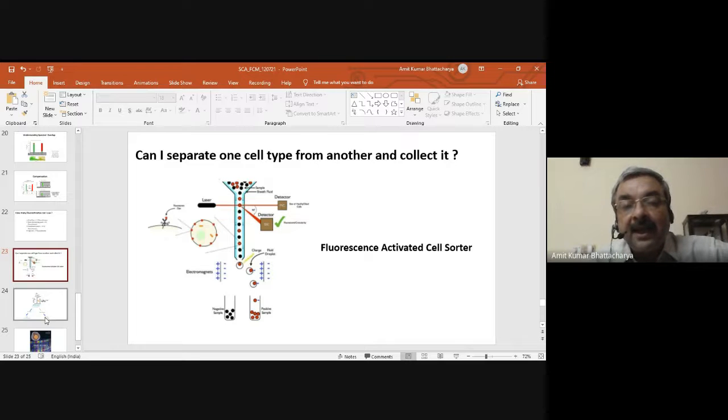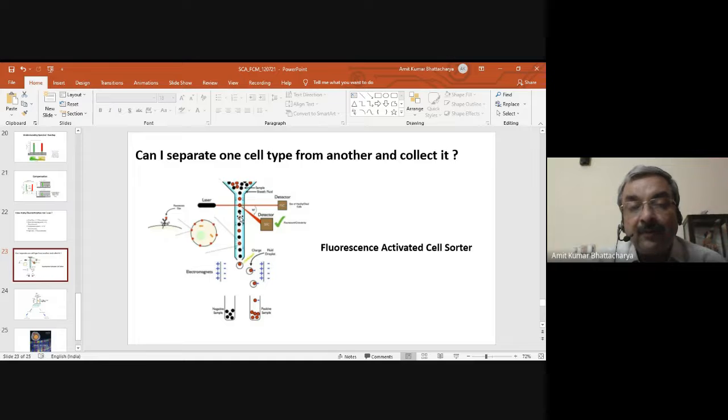Yes, with the flow cytometer comes a mechanism called the fluorescence activated cell sorter, in which cells having a particular dye wavelength can be given a charge, a positive charge.